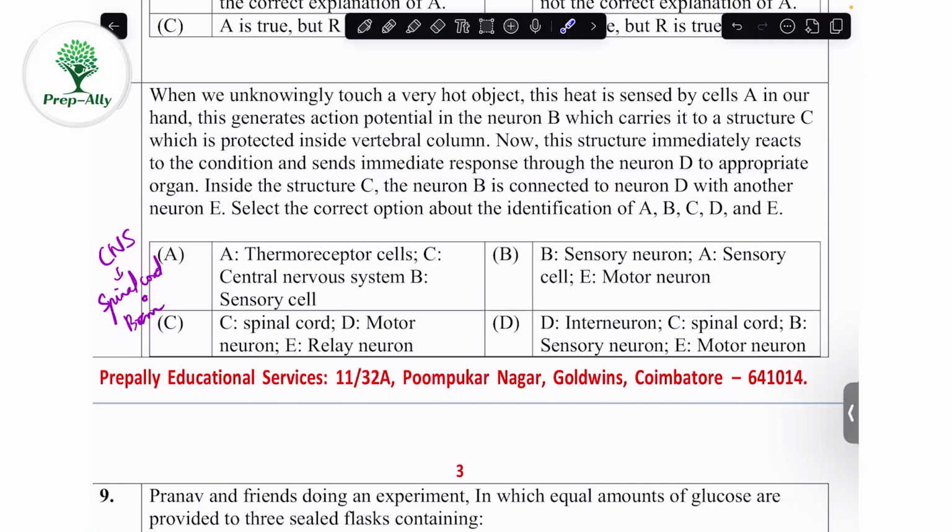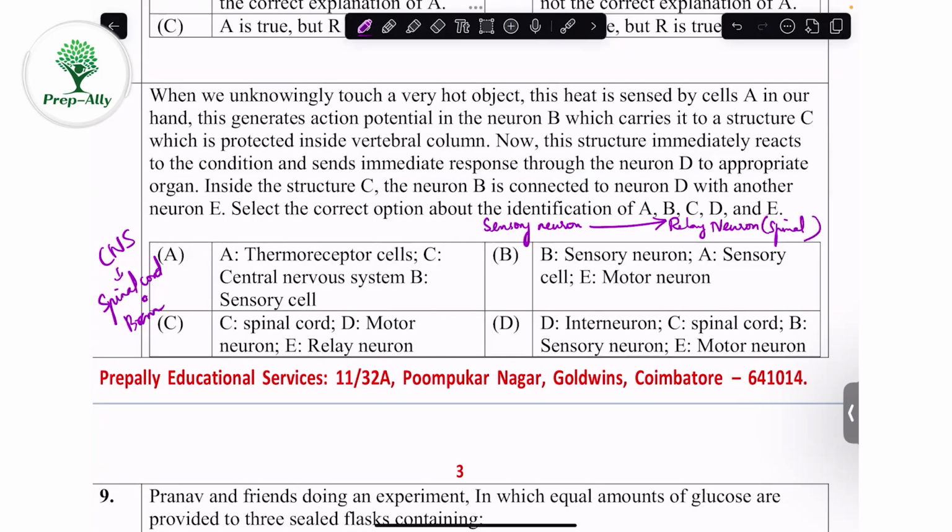So now we will see the pathway actually. It is through sensory neuron. Then the impulses travel through relay neuron, right? Relay neuron is present in the spinal cord, and from relay neuron it is carried through motor neuron.